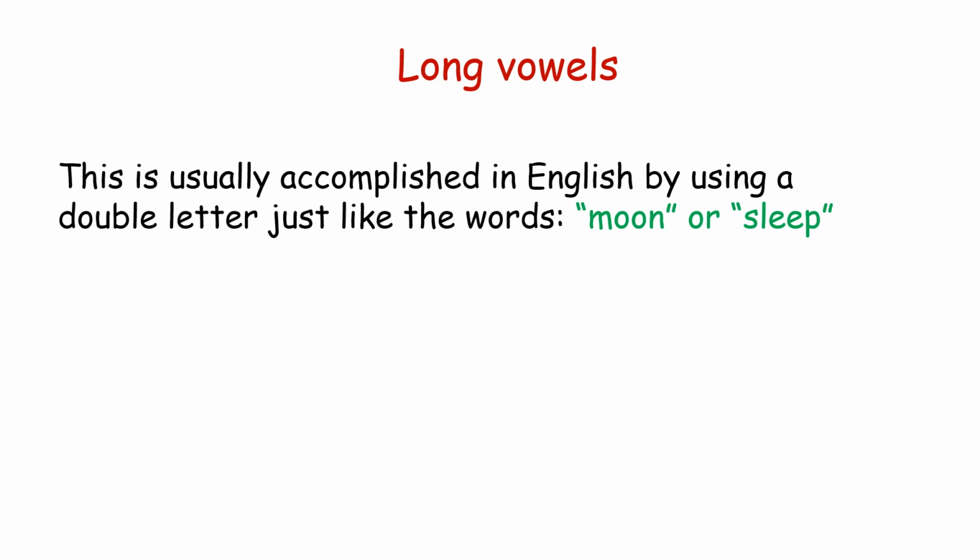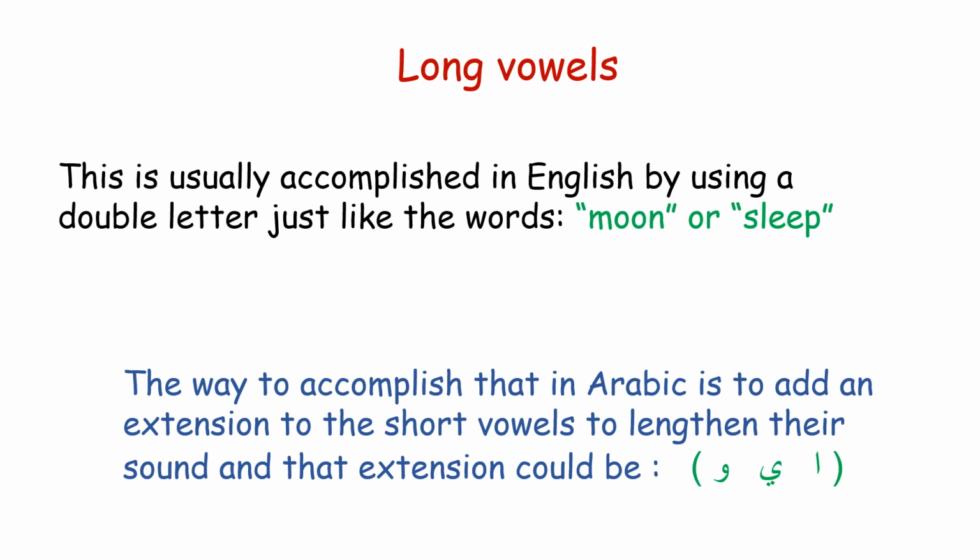In English, this is usually accomplished by using a double letter, just like the words moon or sleep. But the way to accomplish this in Arabic is to add an extension to the short vowels to lengthen their sound, and that extension could be an Alif, a Yaa, or a Waaw.